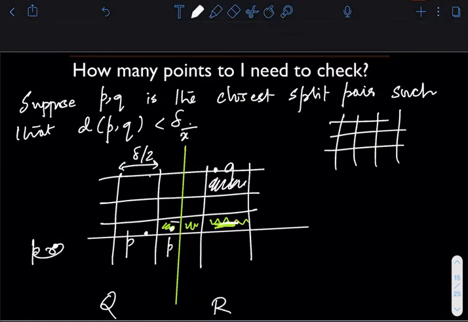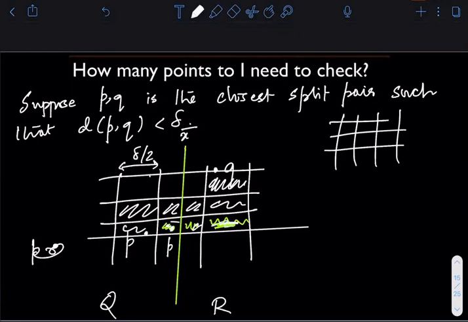So essentially the take home message is the following: if there are two closest pairs, then both these points have to lie in the first two rows of this grid. When I say first two rows, I mean that the bottom line of this grid is coinciding with P. If I just look at the two adjacent rows, then whatever the point Q is, it cannot lie beyond these, let's say, 8 boxes.